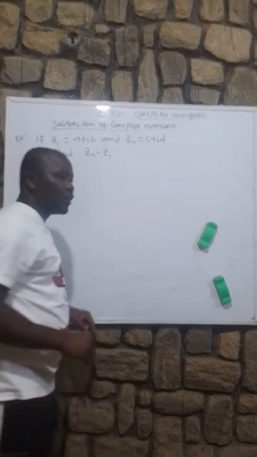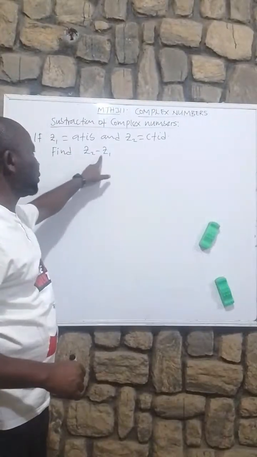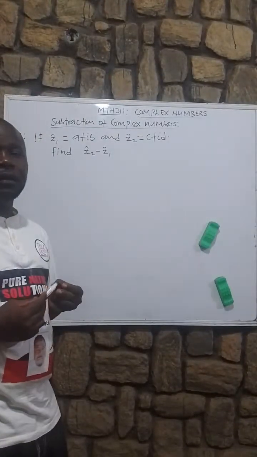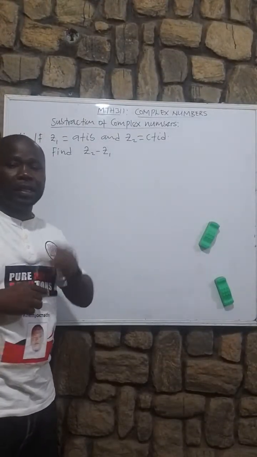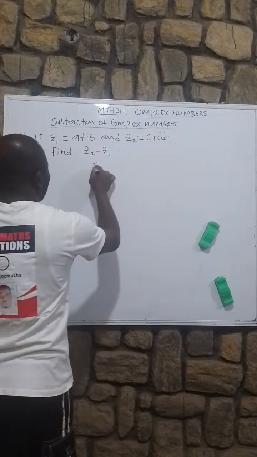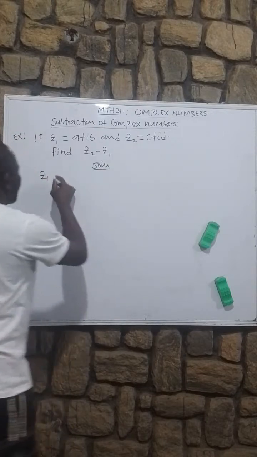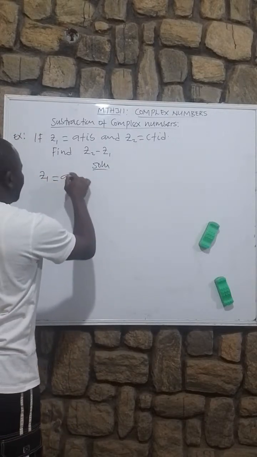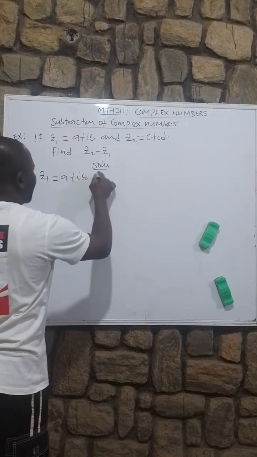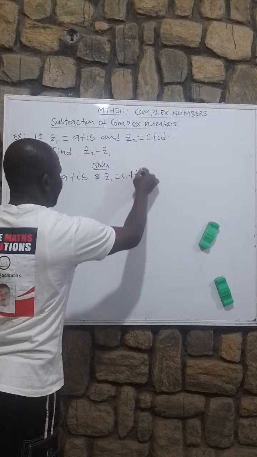You don't need a prophet to tell you this is a subtraction of complex numbers. Is that clear? So what you need to do here is write the solution. Our Z1 is equal to A plus IB and Z2 is equal to C plus ID.